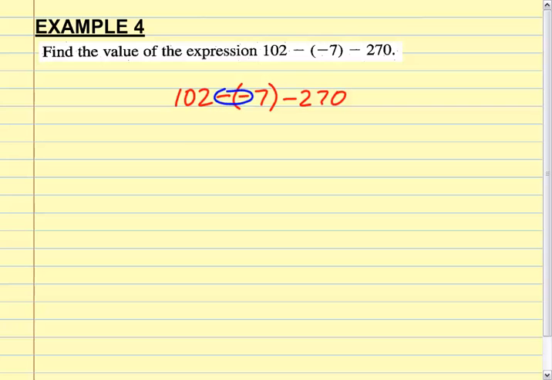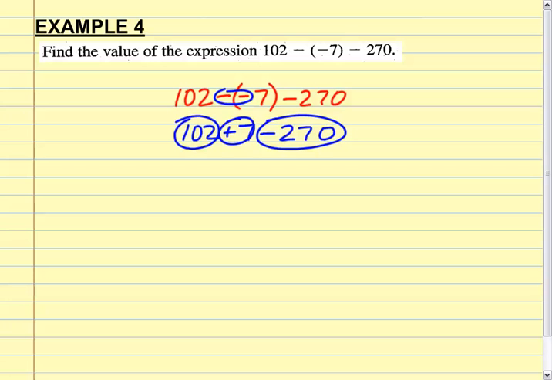Minus and minus turn into plus. Now, once I've gotten that cleaned up, I see that I've got three terms: 102, positive 7, and negative 270. I'll put these two together first, and that gives me 109 minus 270.